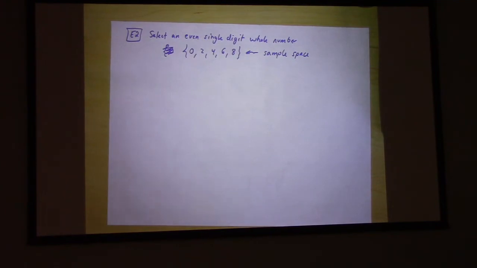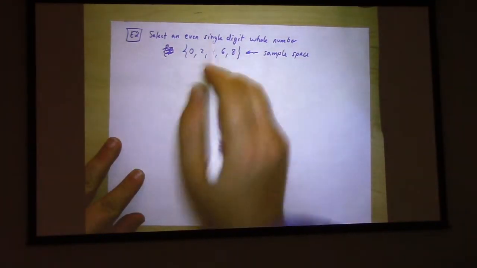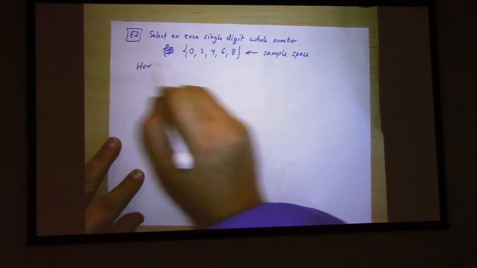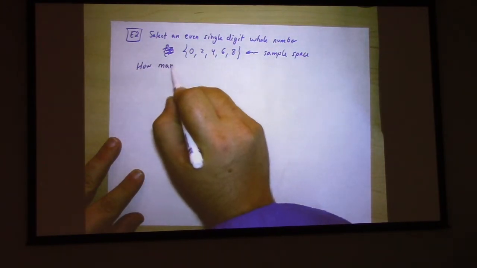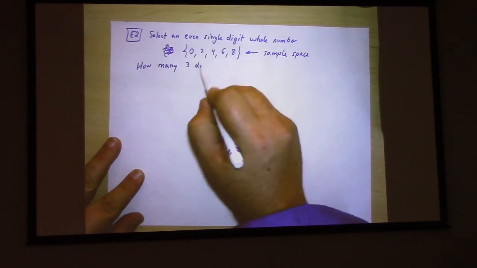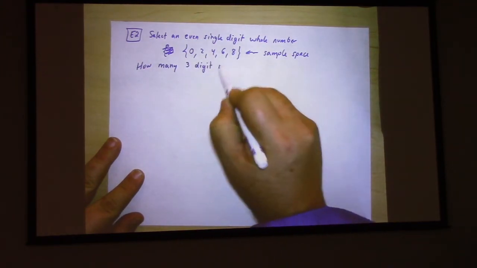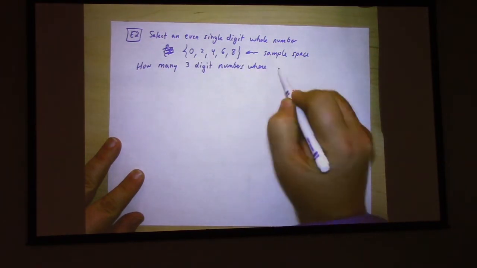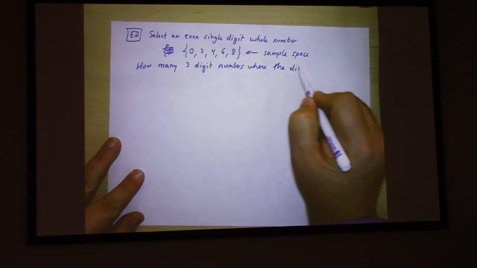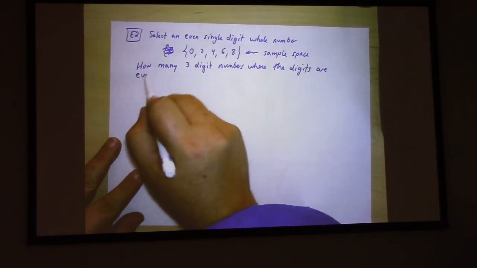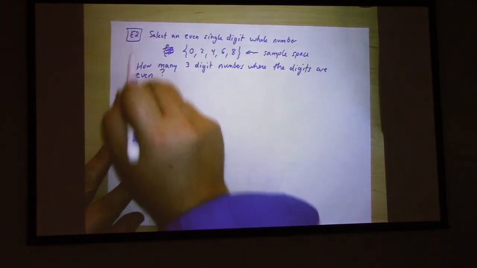All right. So now let me add to this. How many 3-digit numbers where the digits are even, right?